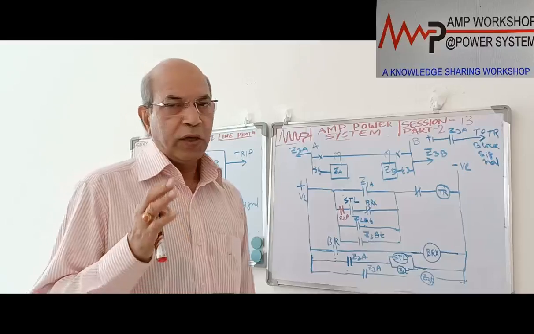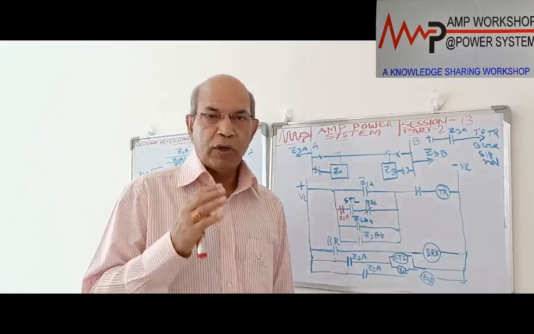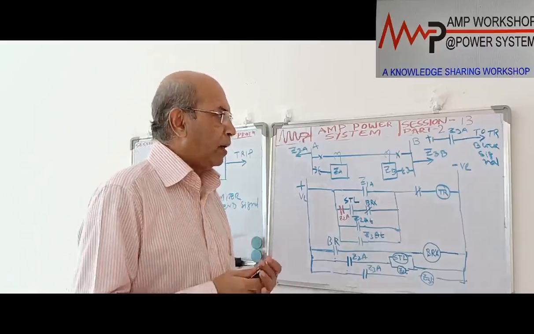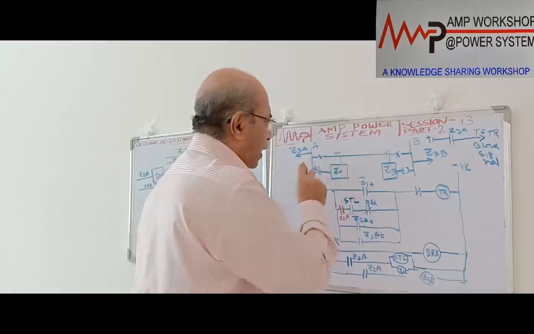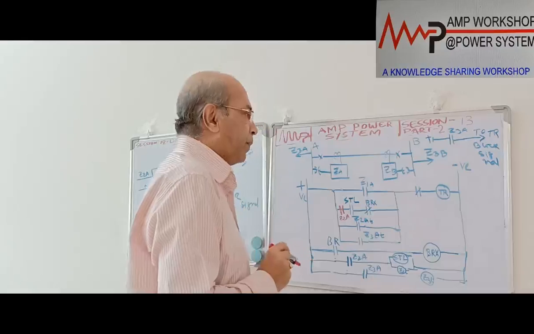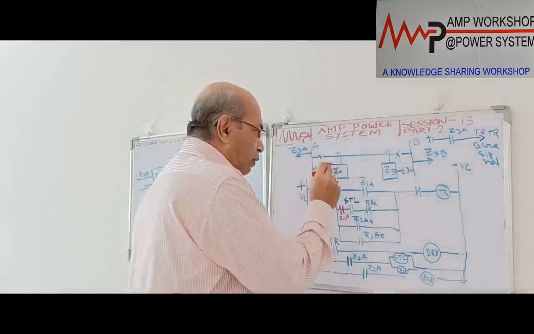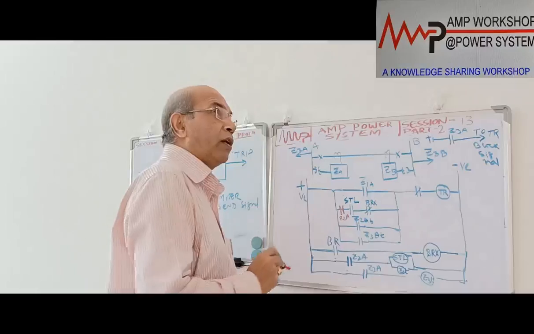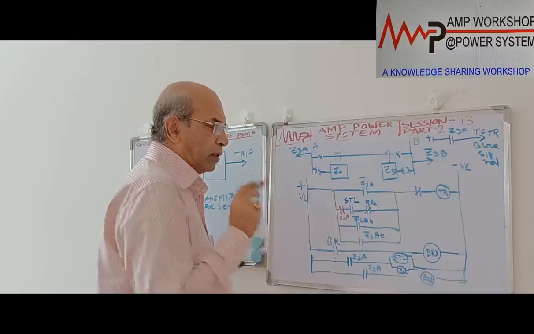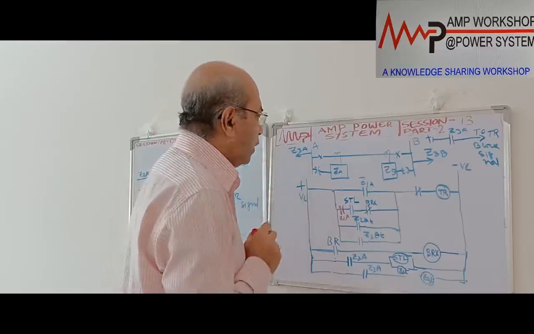In the blocking scheme, all the three elements, zone 1, zone 2, zone 3, are not looking towards the line. Suppose there are two stations, A and B, and this is the transmission line AB. The distance relay located at station A, ZA, has three elements: zone 1, zone 2, and zone 3.